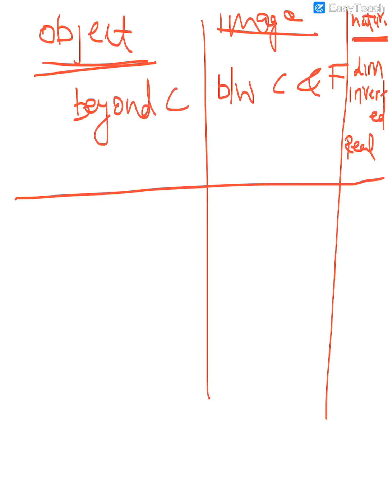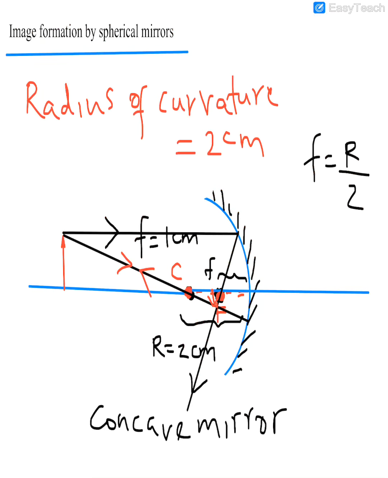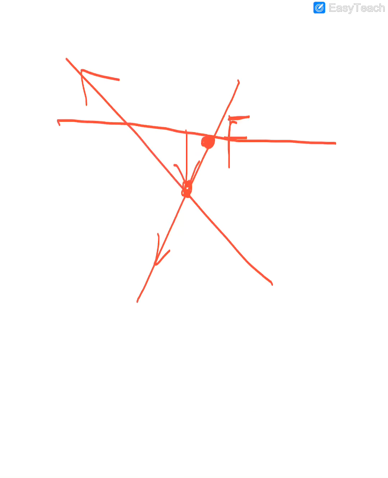Now second case, at C. At C means, instead of placing it beyond C, here. If you place your object at C, then check what happens.